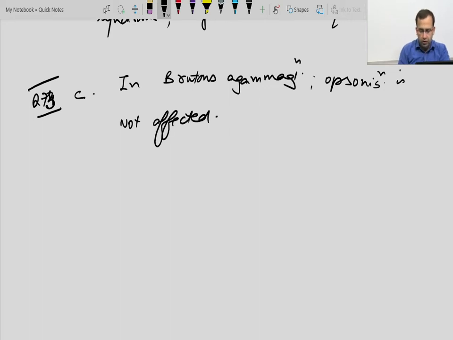Before we go further, let us have a look at each of the statements one by one. NADPH oxidase acts via superoxide anion. This is true.